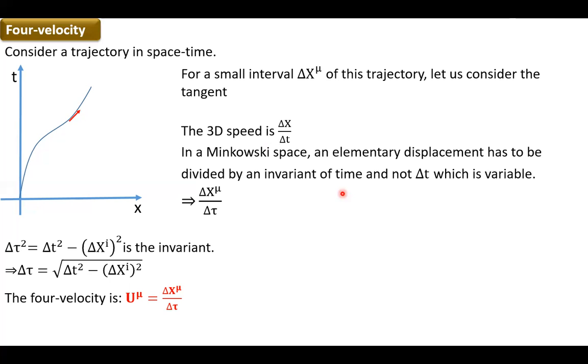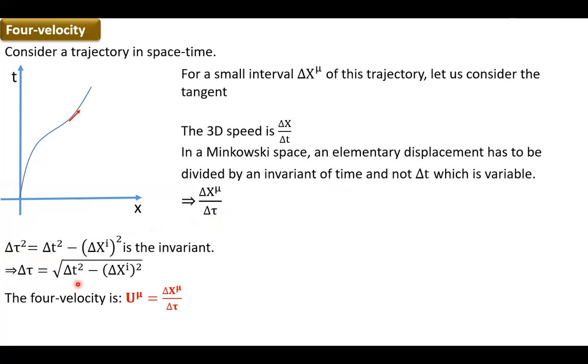You have to divide it by delta tau, which is the invariant of time. The invariant of time is delta tau squared, which is delta t squared minus delta x squared. So delta tau is the radical of this quantity, the radical of delta t squared minus delta x squared.